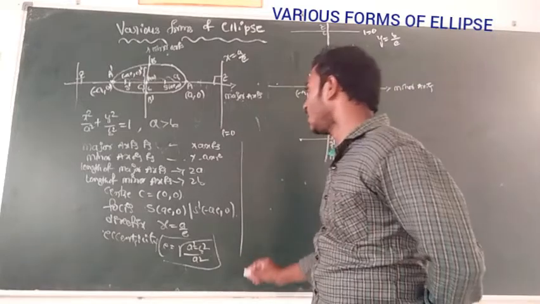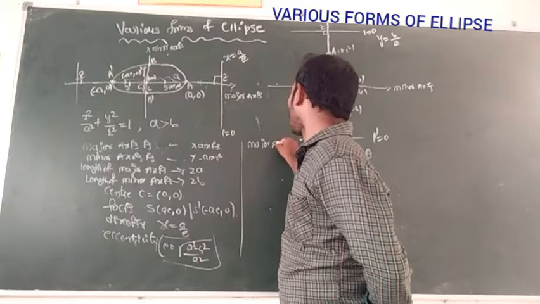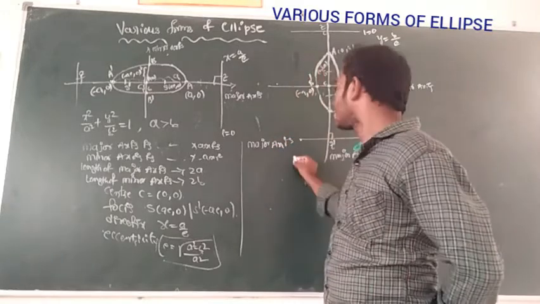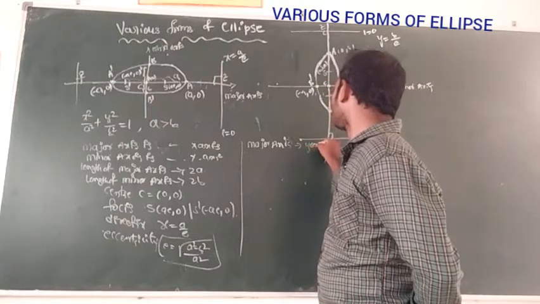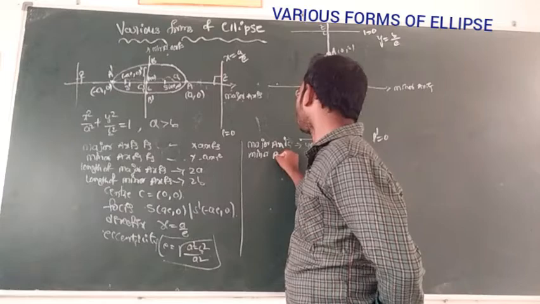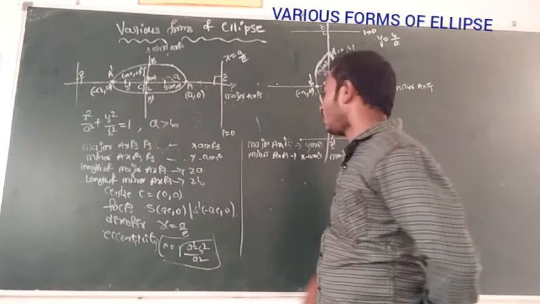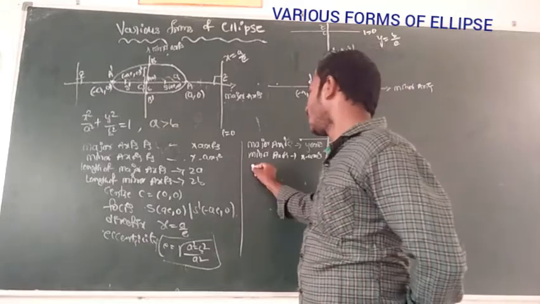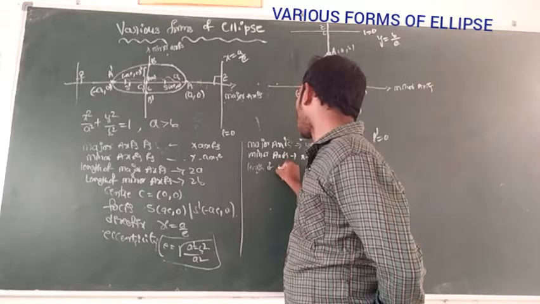Now here, the major axis is the y axis, and the minor axis is the x axis.